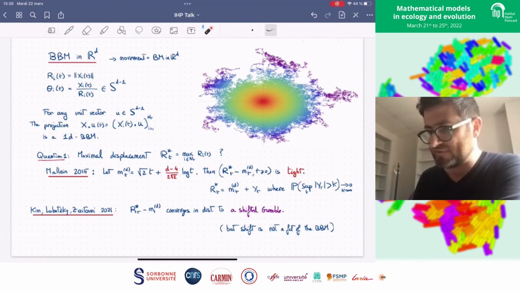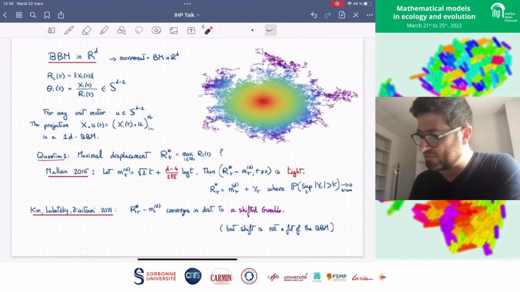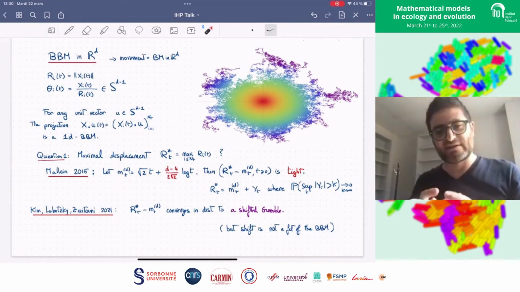And in 2015, Mallein proved that it's going to be near a position which is root 2 t plus (d minus 4) over (2 root 2) log t, right? So if you take d equal 1, you recover your minus 3 over 2 root 2 log t. But now you see that the larger d is, the larger this quantity is going to be, right? So larger dimension, as I was saying, is going to help you go faster.